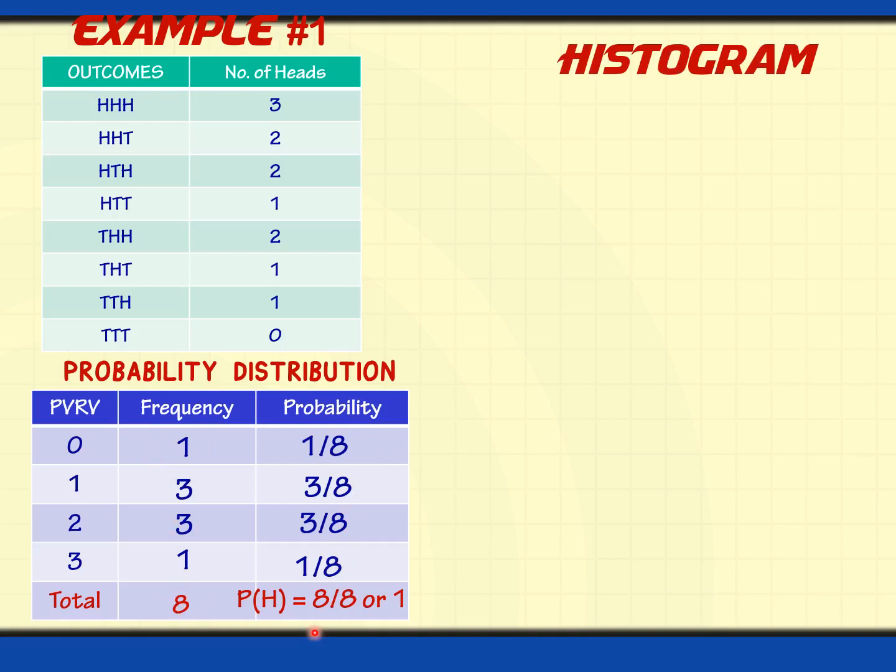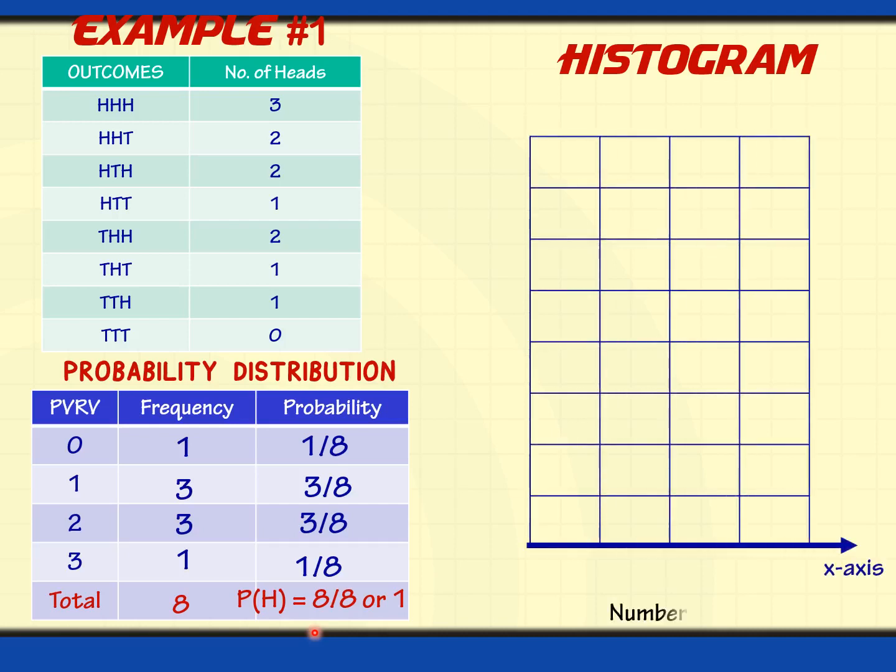Okay, so for number 5, we're now going to construct a histogram. As I've said earlier, it is just like a bar graph. So on the horizontal axis or x-axis, you will place the possible values of the random variable, which is the number of heads, and we only have 0, 1, 2, or 3. So we'll just place it at the center.